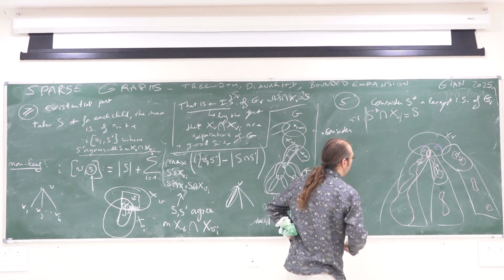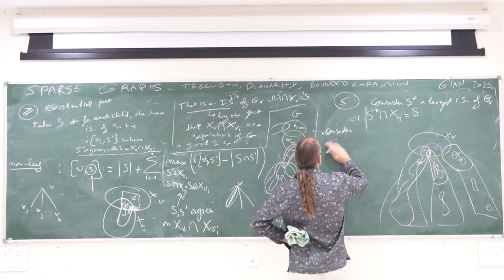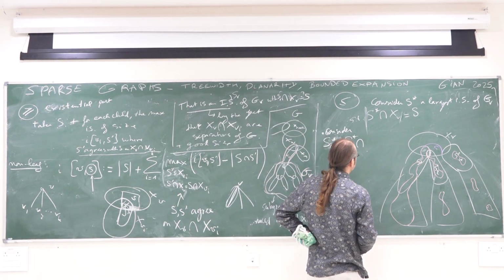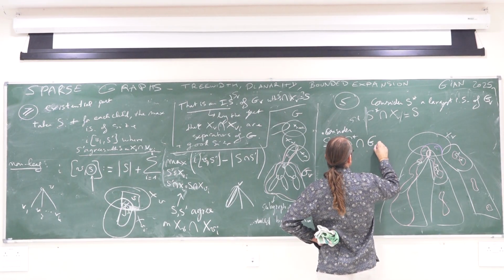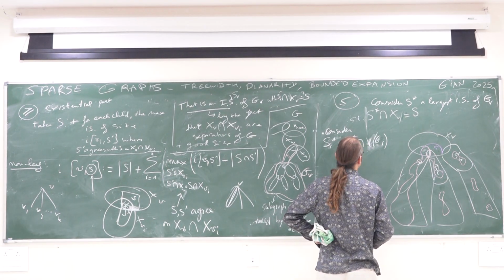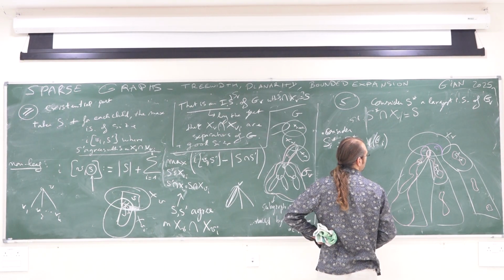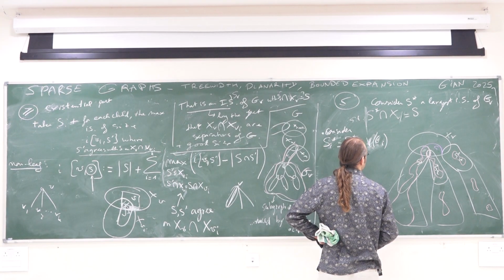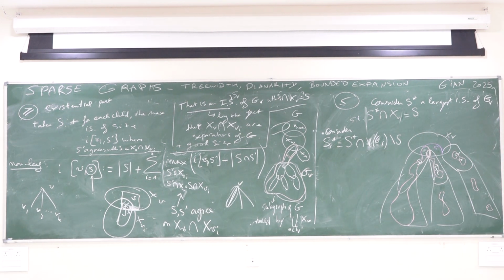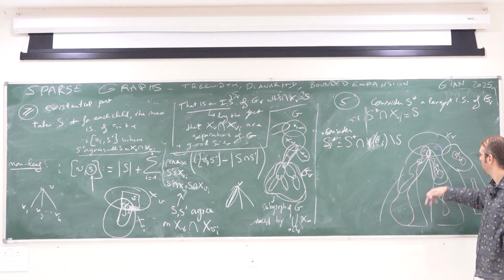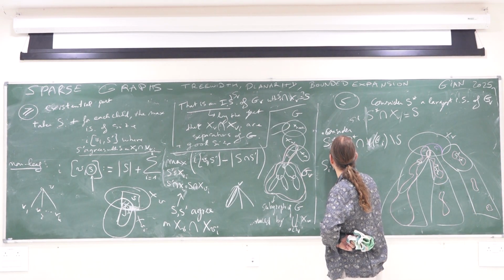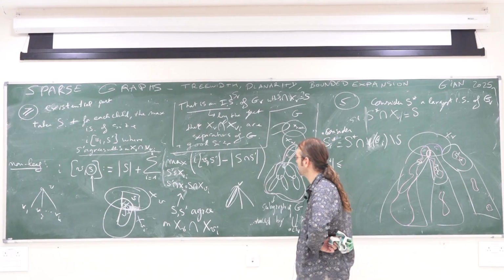So consider Si star equal to S star intersection V of GI. Maybe I'm considering beta minus S, I don't know. So I'm putting this part. And the size of Si star is at most what?